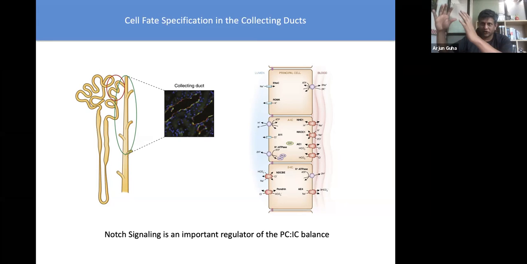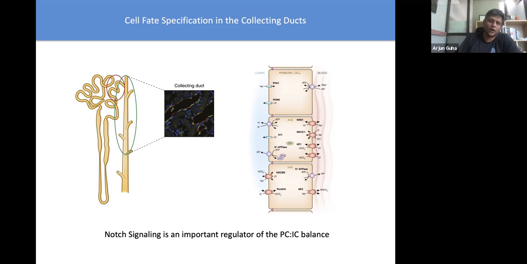The process by which the cells in the collecting duct become specified to one of these fates, much like in the lung, at least in the airways of the lung and the alveoli of the lung, involves Notch signaling, which involves localized signaling between epithelial cells, leading to the assignment of either one fate or the other. In the context of the developing lung, Notch signaling is required to specify secretory cells and balance the proportion of ciliated and secretory cells. Similarly, to balance the proportion of alveolar type 1 and type 2 cells.